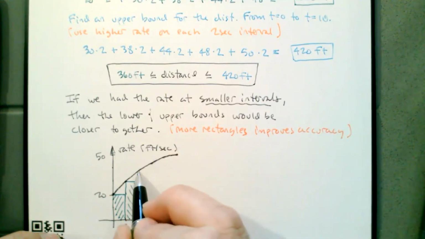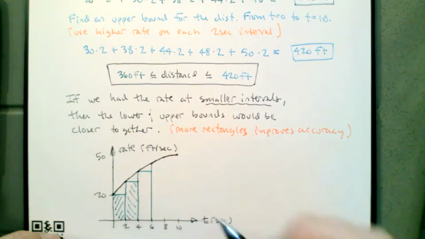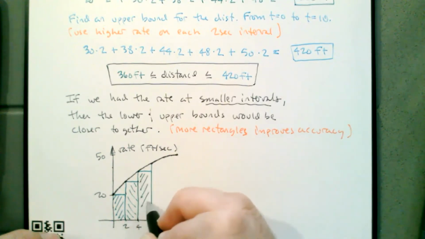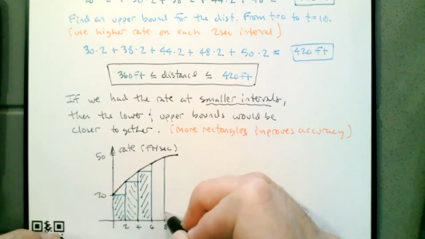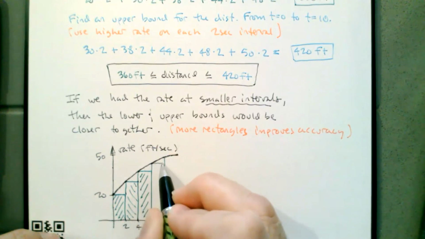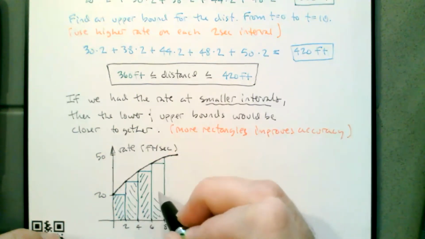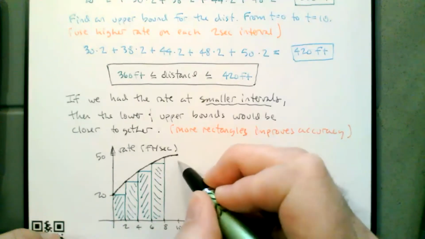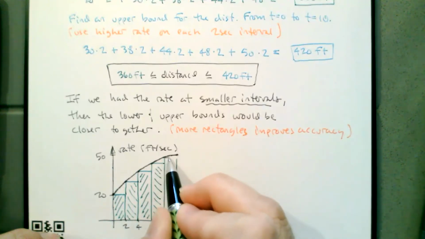For this time from 4 to 6, we use the 38. From 6 to 8, we use the 44. And from 8 to 10, we used 48.